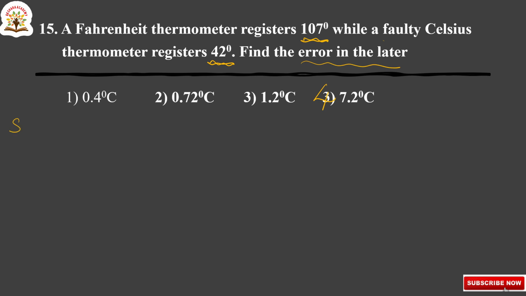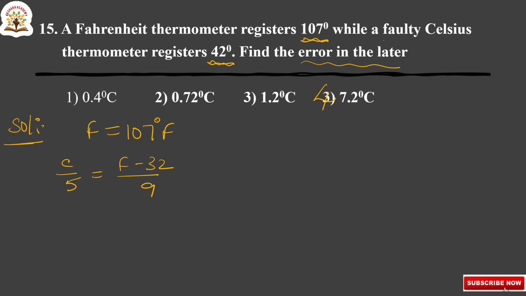Okay, let us go to the solution. Here they have given that the Fahrenheit thermometer registers 107 degrees. So F is equals to 107 degrees Fahrenheit. The relation between Celsius and Fahrenheit is C by 5 is equals to (F minus 32) by 9.